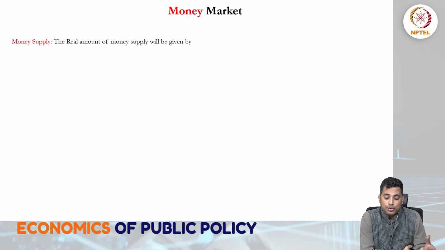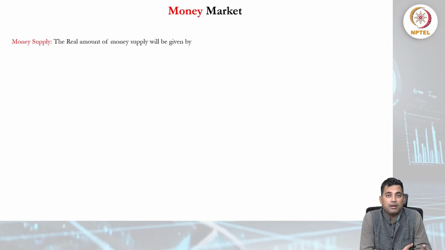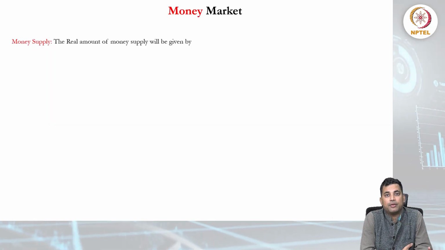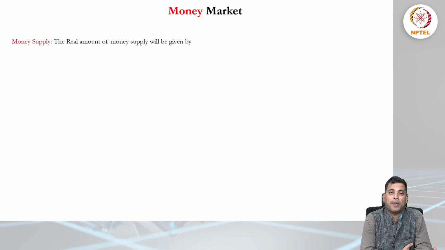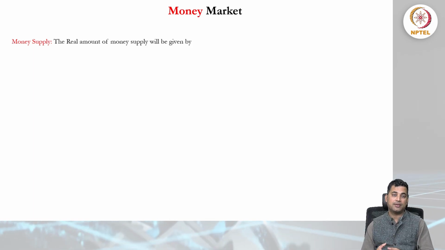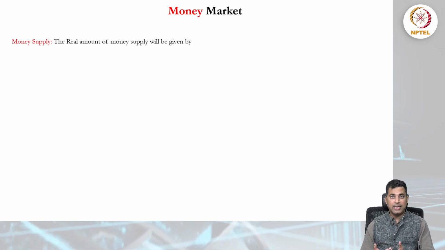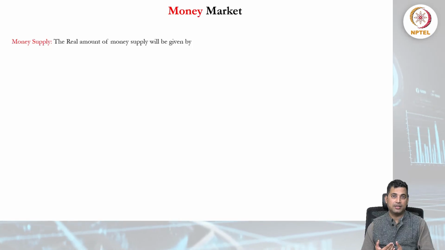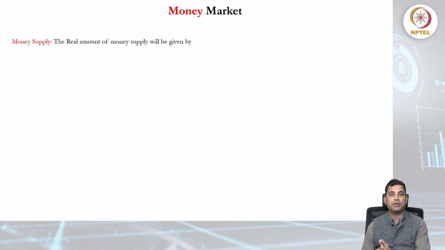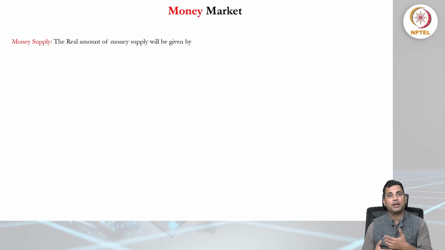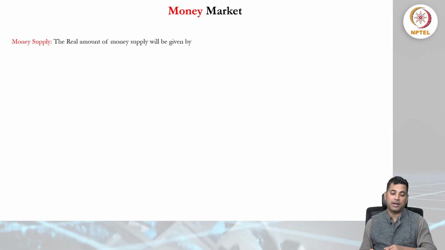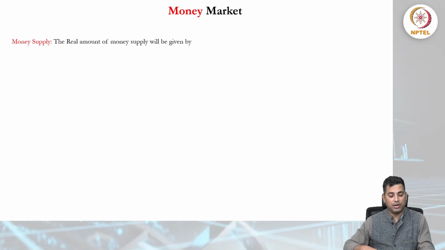So to begin with, in the money market, let us understand the money supply. So of course the primary concepts that we are discussing here, in any of the markets, are demand and supply. So in the money market, obviously demand for money and supply of money will be discussed. So what is supply of money?